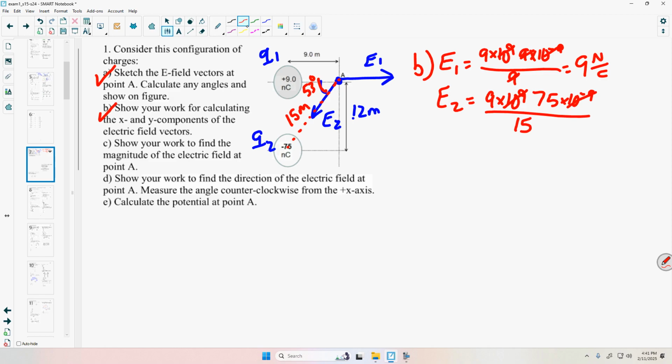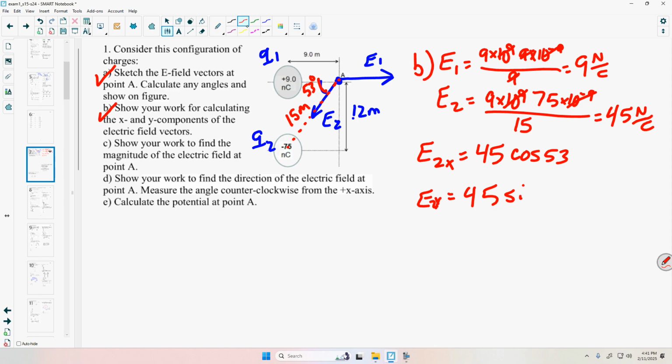That cancels 15 into 75. So that 5 times 9 is 45 newtons per coulomb. So those are my two electric field vectors, the magnitudes. But for E2, I further have to determine the x and y components. E2x is 45 cosine of 53. And E2y is 45 sine of 53.